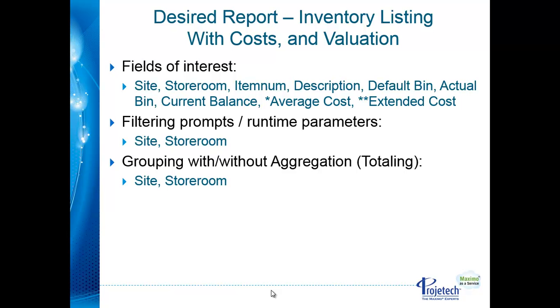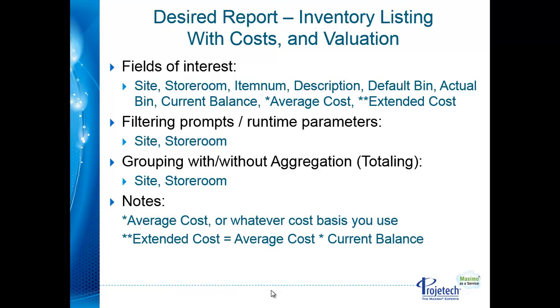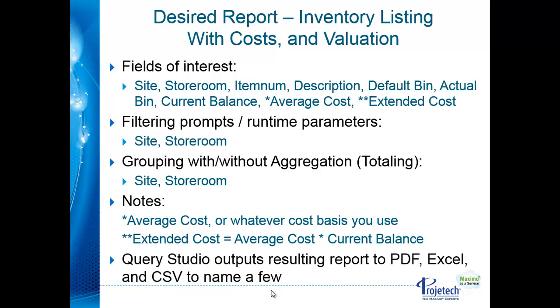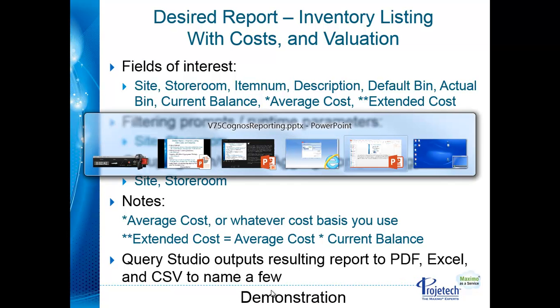In this case, we will be using average cost, but you can use the costing method of your database. We will also review a few output formats, including PDF, Excel, and comma separated values, or CSV, noting that Excel and CSV are significantly different. Let's go ahead and get into Maximo.